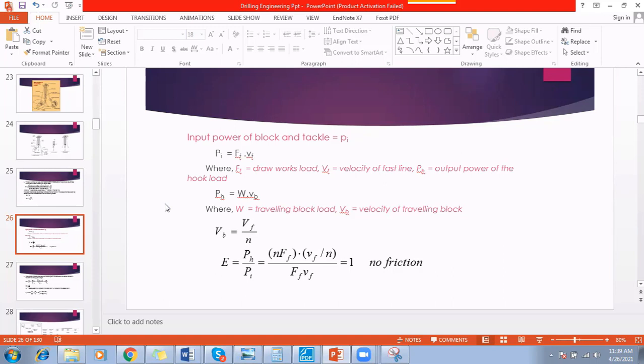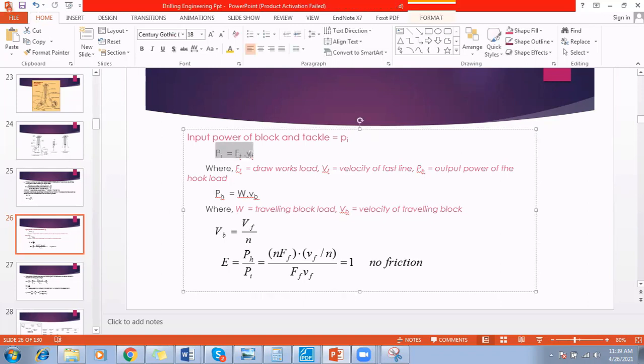Okay, firstly let's discuss the input power. The input power is actually the power that is applied into the block and tackle. Okay, this is the total power that is actually transmitted to the block and tackle so that you may lift the load.